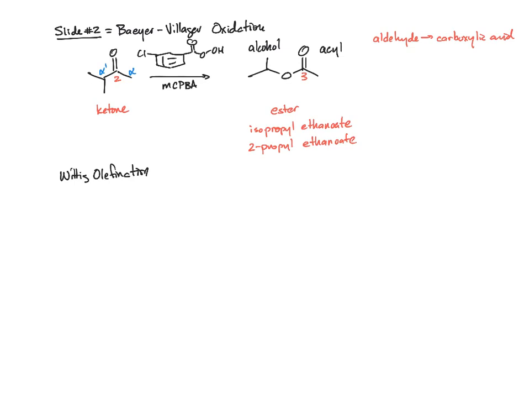For a Wittig olefination, you're taking an oxidation state 2, either a ketone or an aldehyde, and treating it with an ylide. So I'll give you an example of that, and then think about how you would make the Wittig reagent that would carry out that olefination.